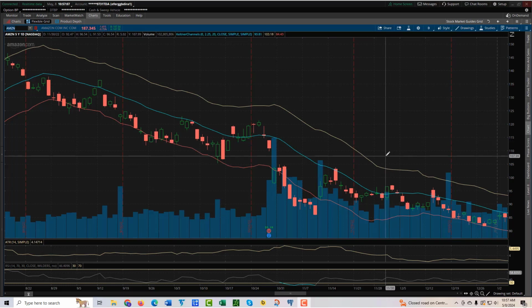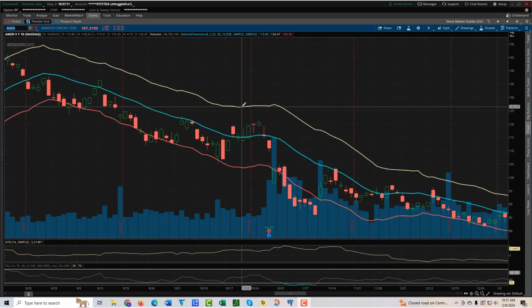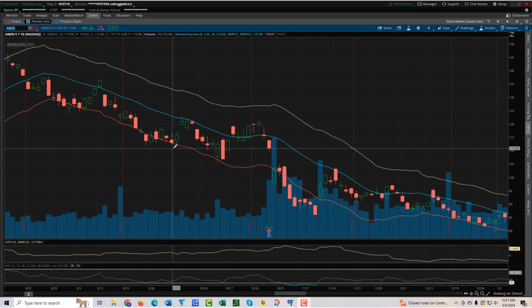So you can use a Keltner channel for one, and right here on the screen you can see I have a Keltner channel displayed. A Keltner channel is these 3 lines right here. There's a red, a blue, and a tan line, and we have separate videos and tutorials that explain what Keltner channels are.